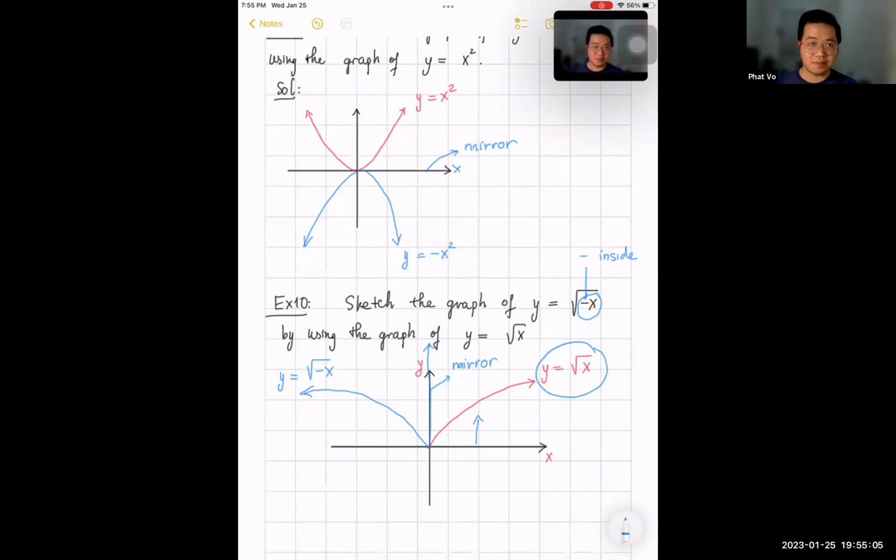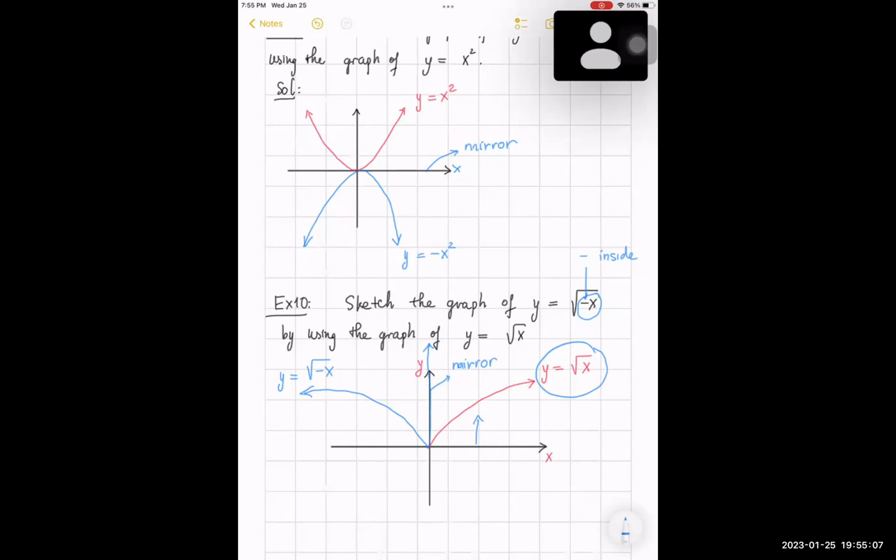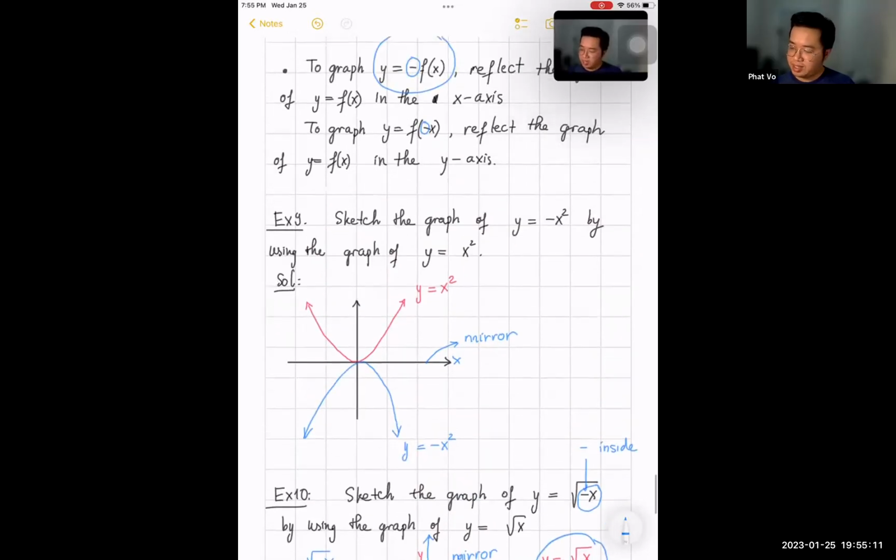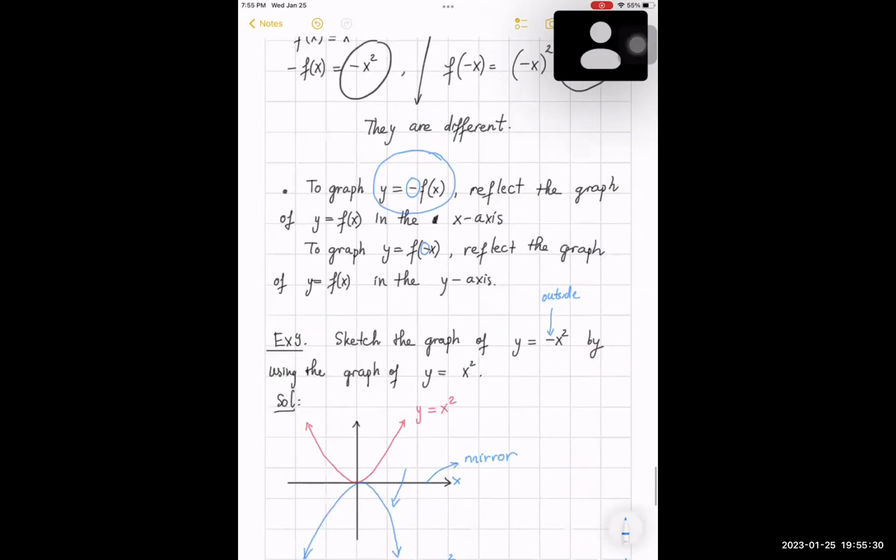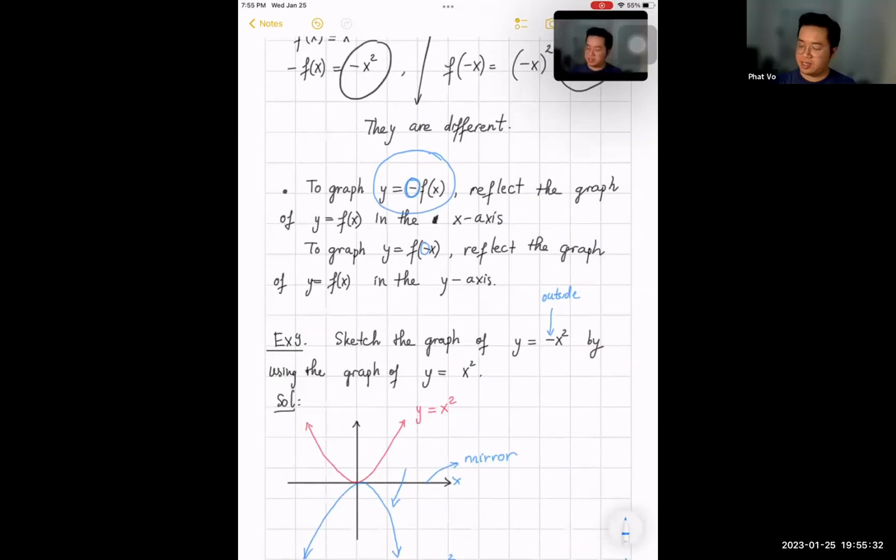Is it clear, Cole? Yeah. Now for example, you can see the minus here is outside the function, so I reflect the function in the x-axis. That is the blue one here. So be careful: you have to see whether the minus is inside or outside.